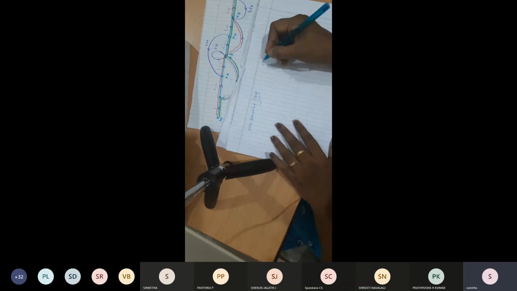This is loop 1. I will call loop 1 equal to x2, x4, and x2. I will consider this as a loop. One more loop I have, that is x5, x6, x5. These are my two loops.